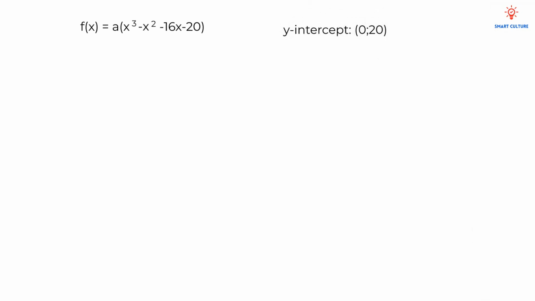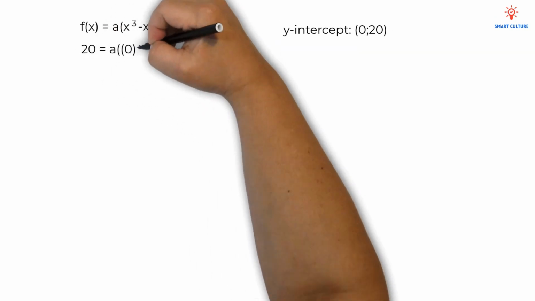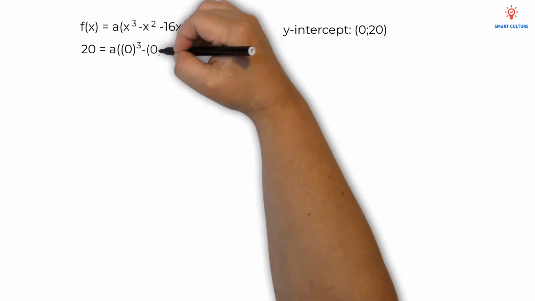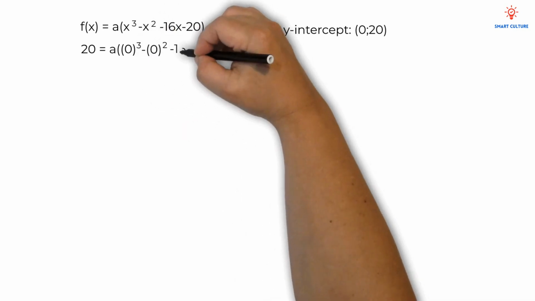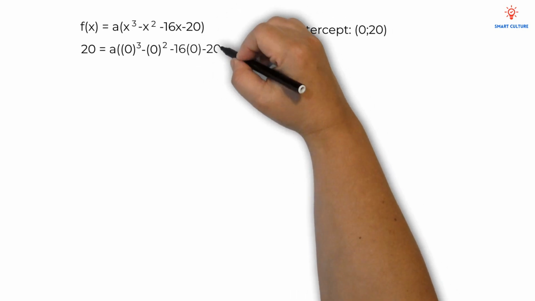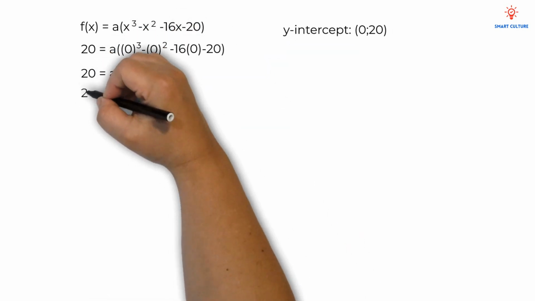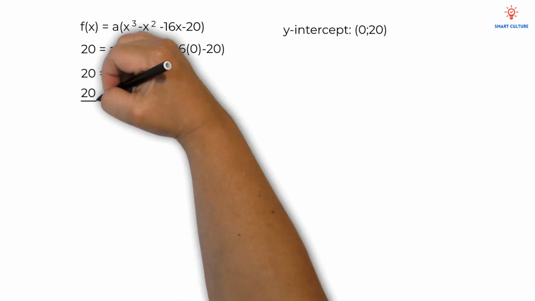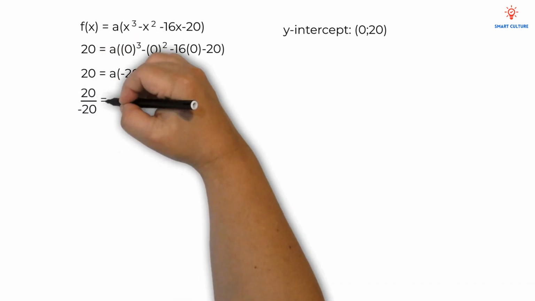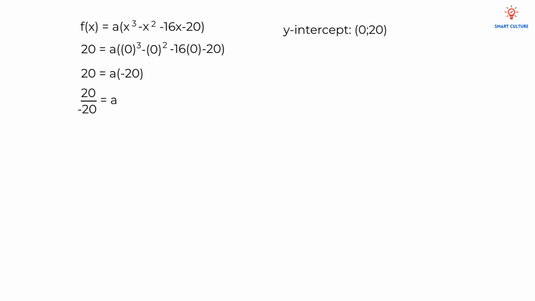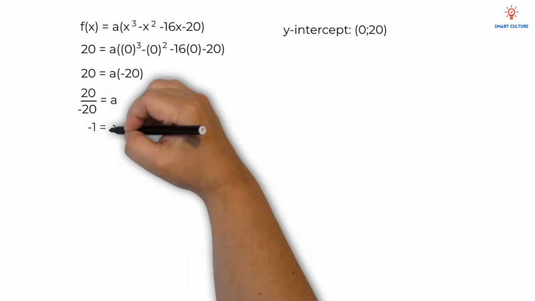So we'll substitute the x and y values into the result from above to determine the value of a. We know that y = 20 and x = 0. So then we get 20 = a × (-20). Then we take the -20 over to the other side because we want to isolate a. Then we get a = -1.